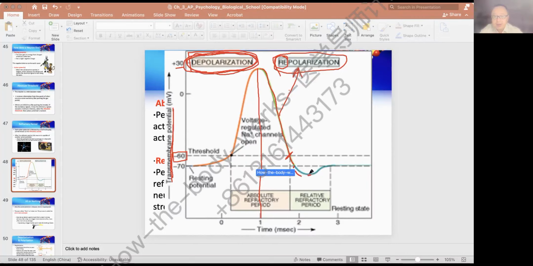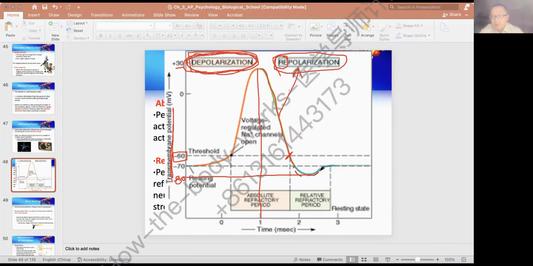Maybe minus 80 MV is the lowest transmembrane potential of the neuron cell, but it will not stay at minus 80 MV for long.